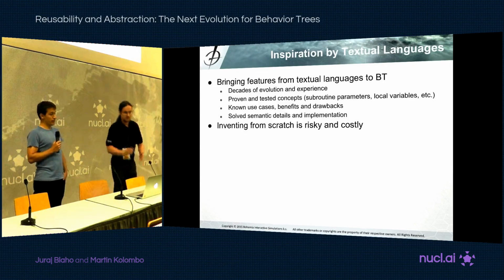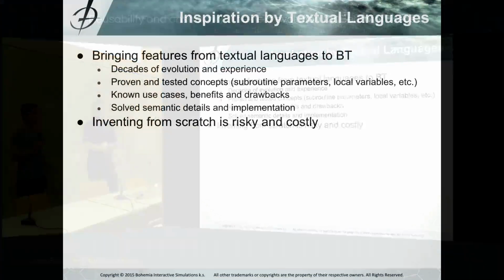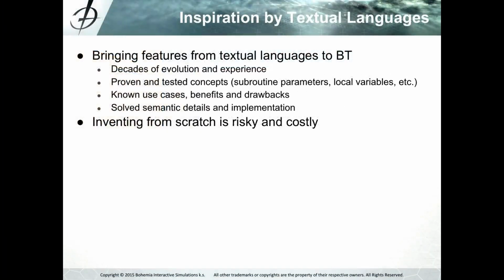While we have implemented most of the features in our behavior tree system, we took inspiration from existing programming languages. This way we could benefit from decades of evolution and experience in those languages.